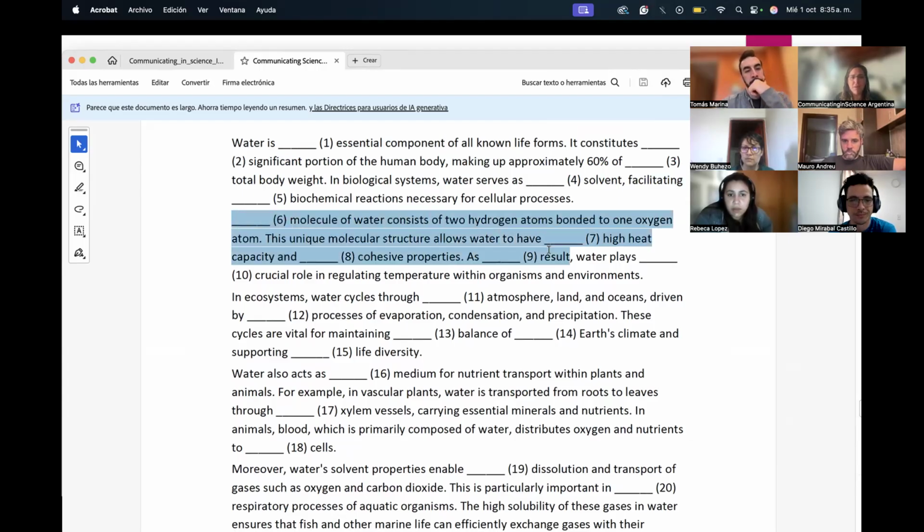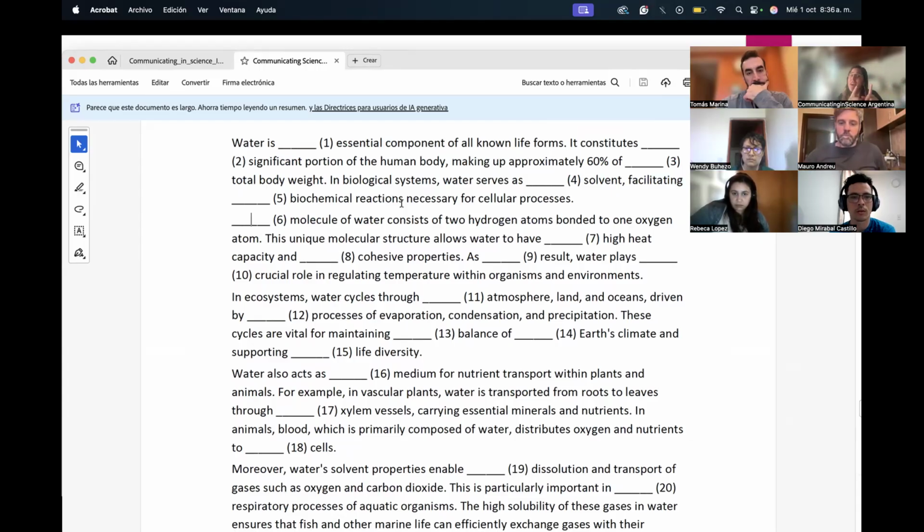Does anybody want to read this one or say the answers? Sorry, I have a question about the one I put in point 5. In this case, yes, it's the, because it's not biochemical reactions in general.